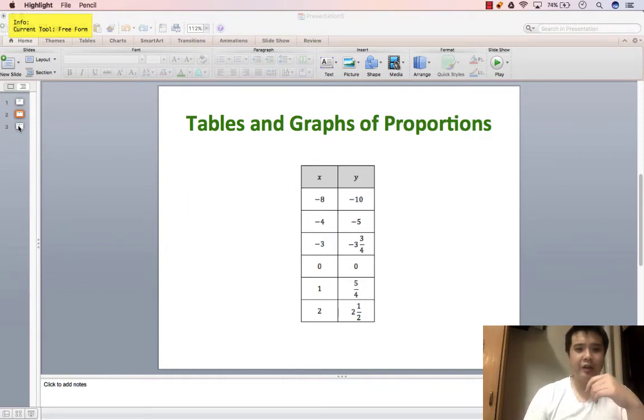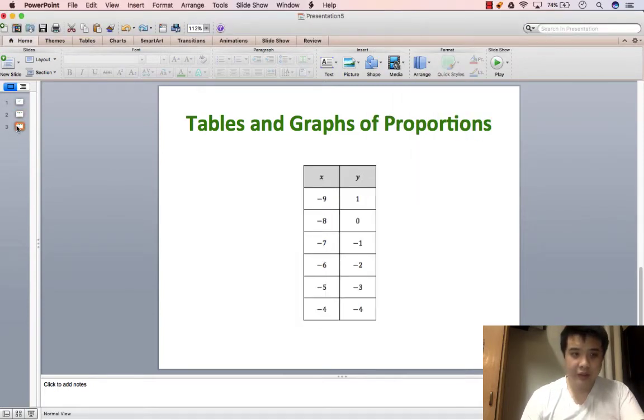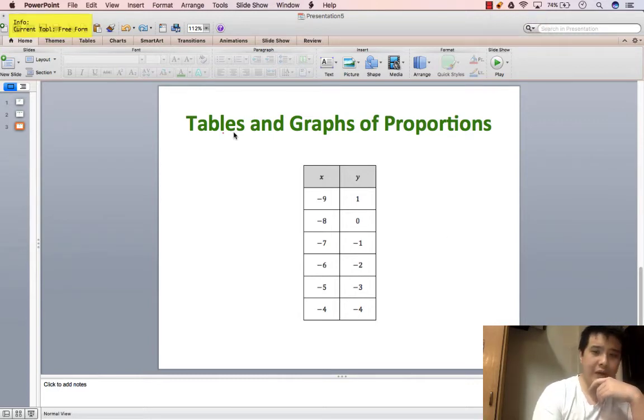Let's take a look at another table. This table right here is not a ratio. Over here we have a ratio of negative 9 to 1. Over here we have a ratio of negative 8 to 0.